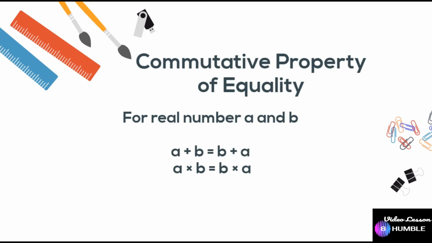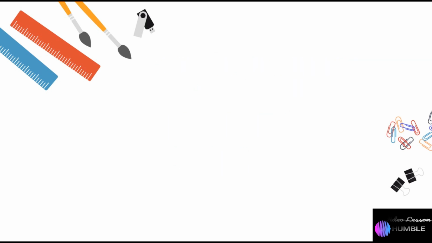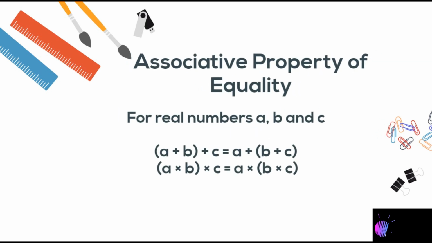Commutative property of equality. For real numbers A and B, A plus B is equal to B plus A. A times B is equal to B times A. Associative property of equality.